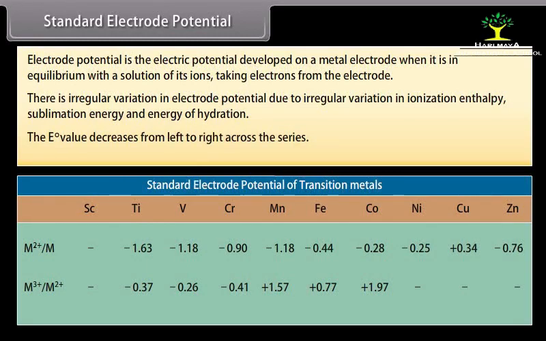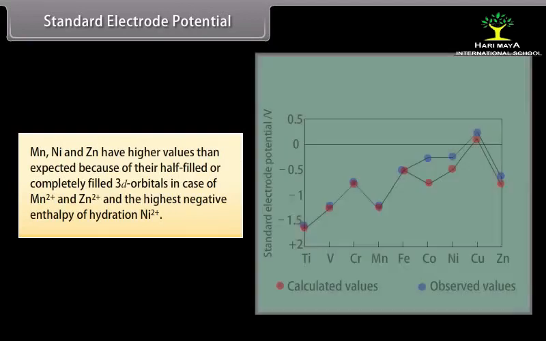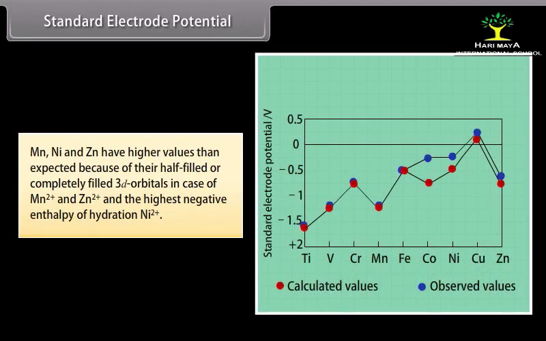The E0 value decreases from left to right across the series. Manganese, nickel, and zinc have higher values than expected because of their half-filled or completely filled 3d orbitals in case of Mn2+ and Zn2+, and the highest negative enthalpy of hydration for Ni2+.